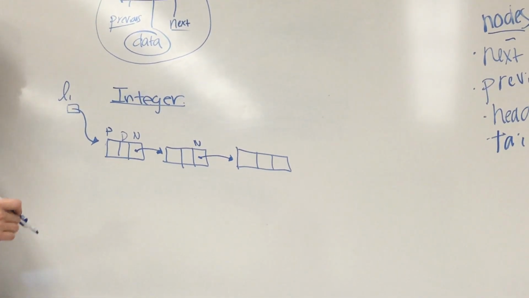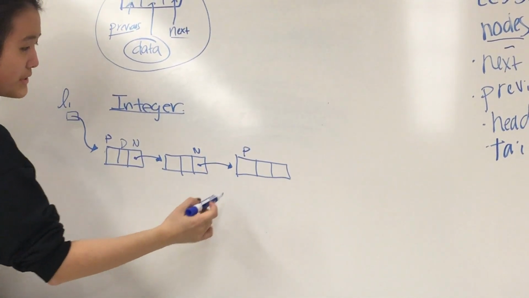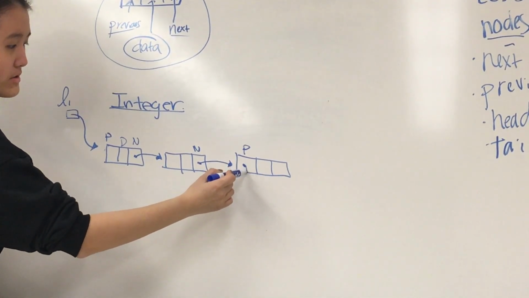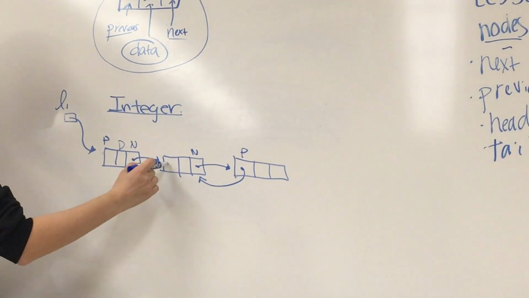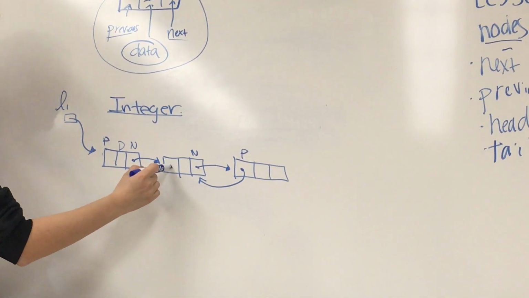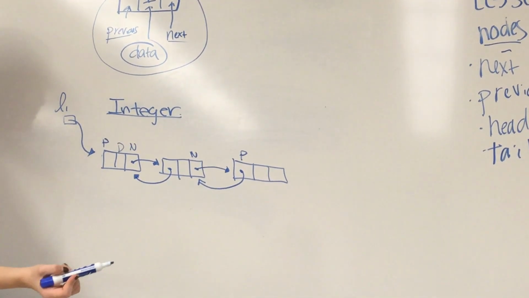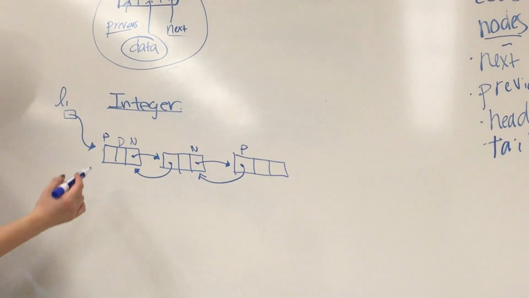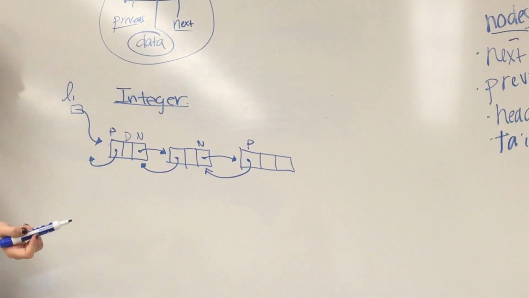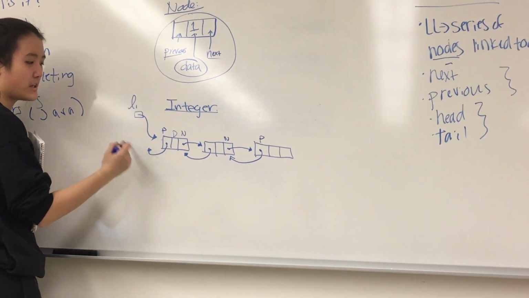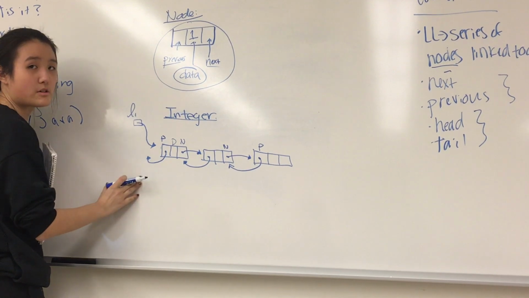Now we do the same exact thing for previous. So in the previous, it's going to point to the previous node. Once again here, we're going to be pointing to the previous node. And I want you to note that we're not going to actually draw out the fact that the previous is null here, like there's nothing here. We're not going to draw this out just because it's going to be messy in terms of drawing.